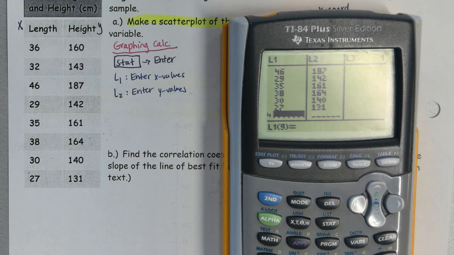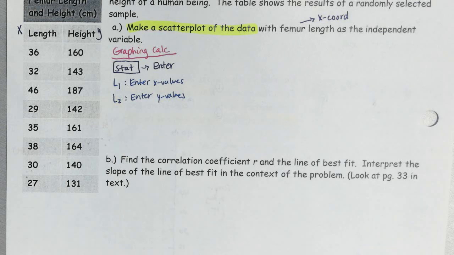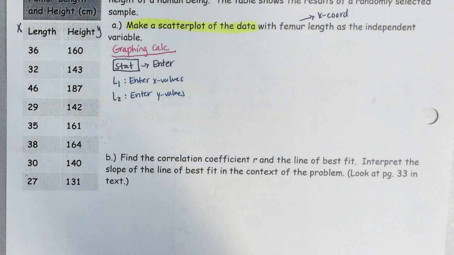Alright, now normally, once you enter in data, you want to go to the graph, but we did not tell the calculator what we are graphing yet. Because we're doing a scatter plot, we are going to go to the y equals, and I'm actually going to have you write down the directions first.